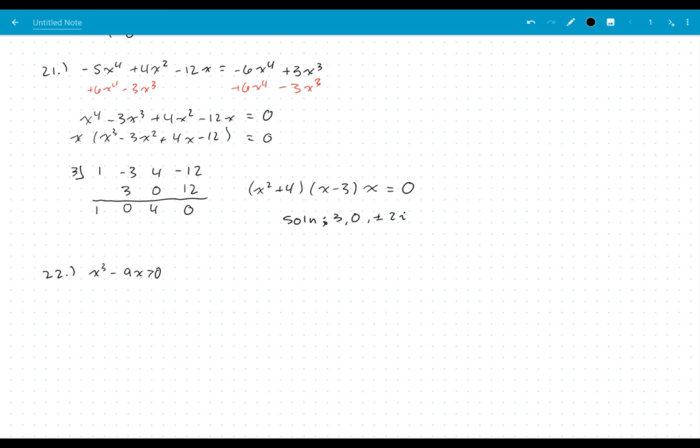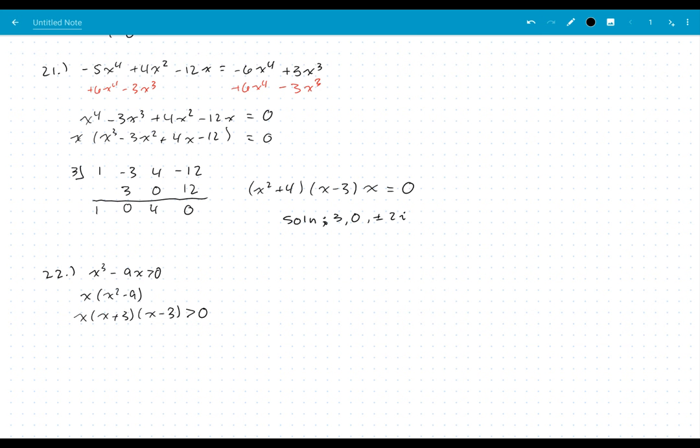And we find the zeros. So x cubed minus 9x, well, it has the 0 at x. And then we're left with x squared minus 9, which is going to be x plus 3 times x minus 3. So we have x plus 3 times x minus 3 is greater than 0.